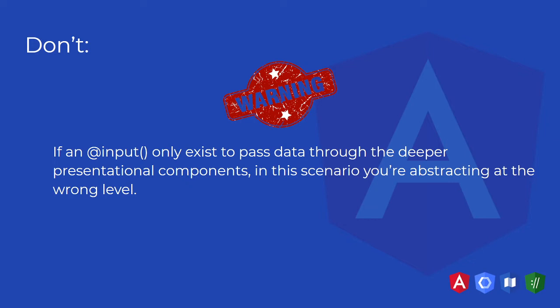So here comes a warning, because if an Input decorator only exists to pass data through to deeper presentational components, in this scenario you are abstracting at the wrong level.